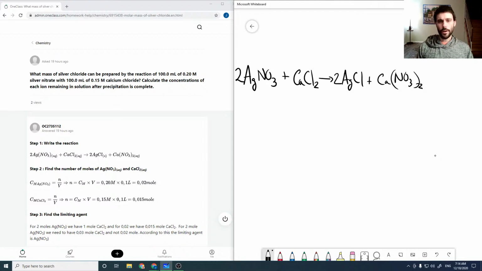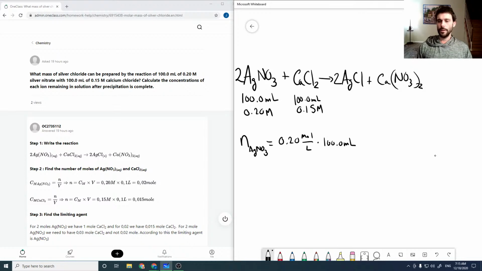Just writing out our givens: 100.0 mL, 0.20 molar, 100.0 mL, 0.15 molar. Our moles of silver nitrate is just 0.20 moles per liter times our volume, which is 100.0 mL.